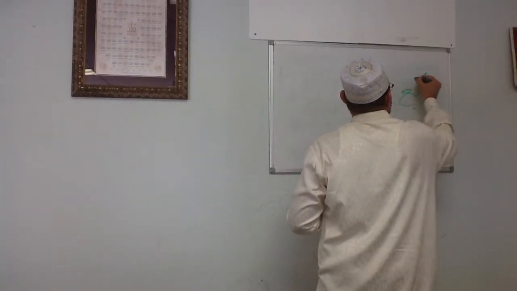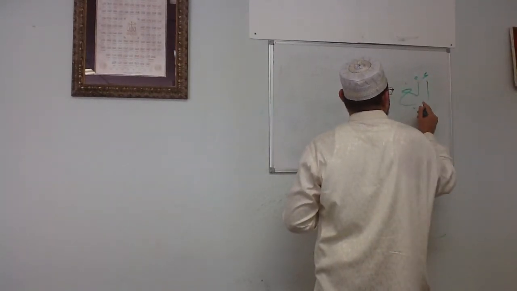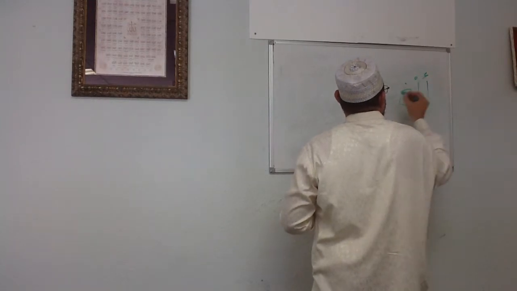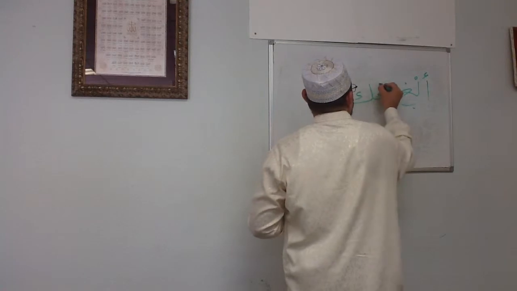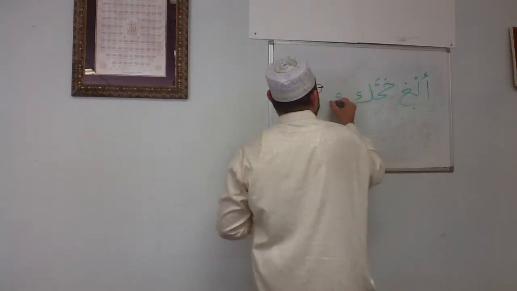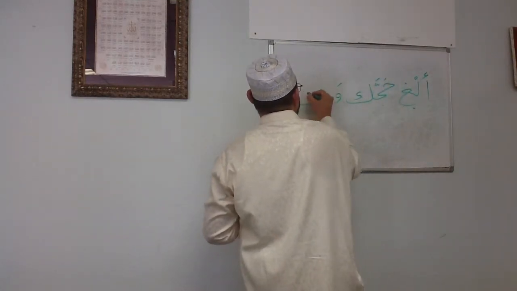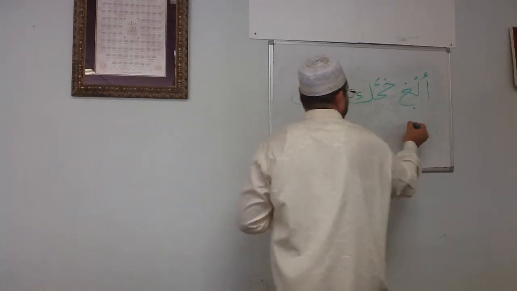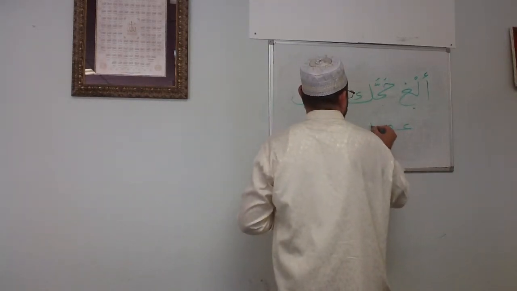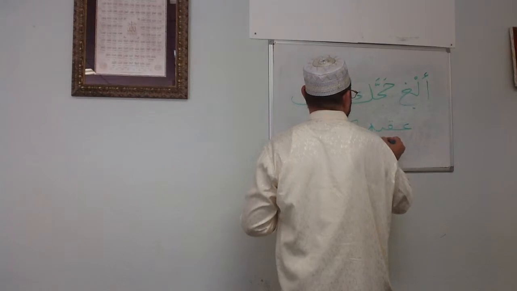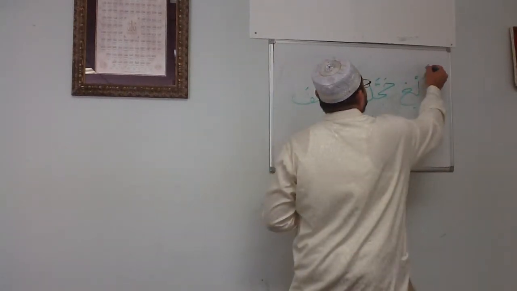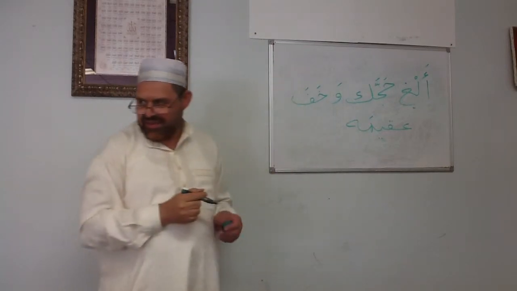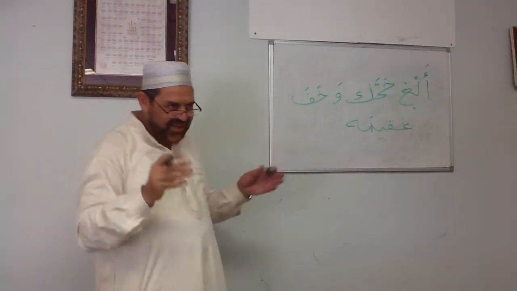Sometimes we have an abbreviation for letters. This is a little bit longer line. These are all Qamari letters. These are all moon letters.